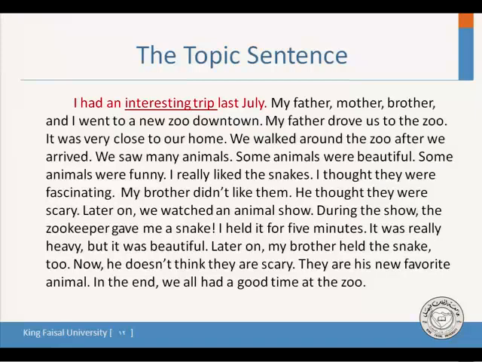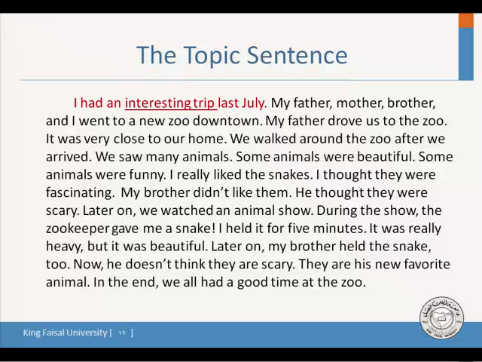For example, this is the same paragraph we studied. What's the topic sentence? It's the first sentence. I had an interesting trip last July. All the paragraph is about this sentence, is about the trip. So you have to start your paragraph with a topic sentence.